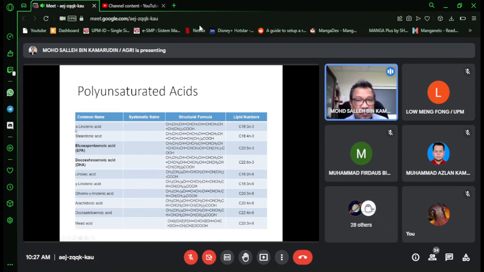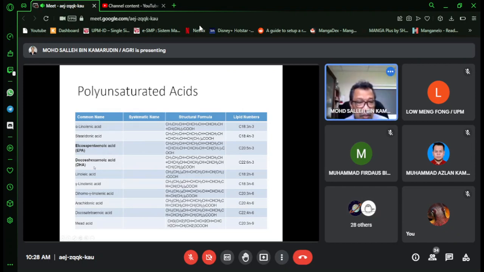Some yang important for fish, linolenic acid, eicosapentaenoic acid or EPA. This is important for good heart for human. So kalau human ni kena cari yang ni lah.